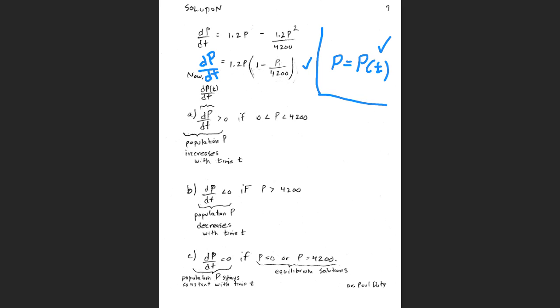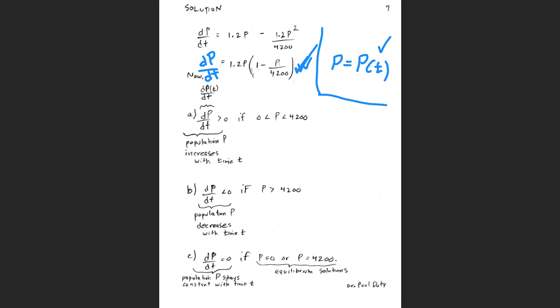And in this differential equation, there's no t value that shows separately. So this differential equation is called an autonomous differential equation, because the derivative is a function of the population. Now the population is in turn a function of time, but the derivative dP/dt can be thought of directly as a function of the population.